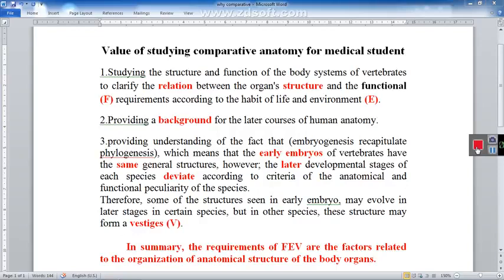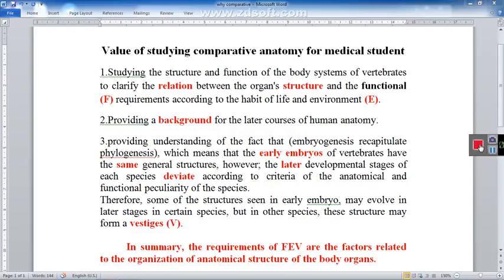Therefore, you will see that some of the body structures of the embryo may evolve during later stages of embryonic development, forming functional organs.